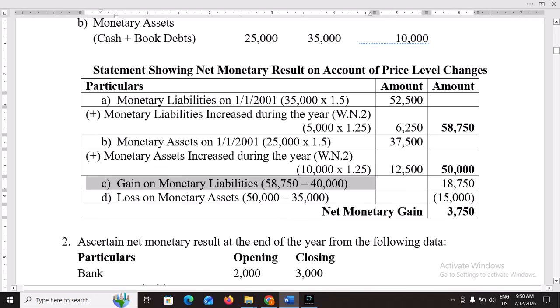Monetary liabilities positive means it is a gain on monetary liabilities.